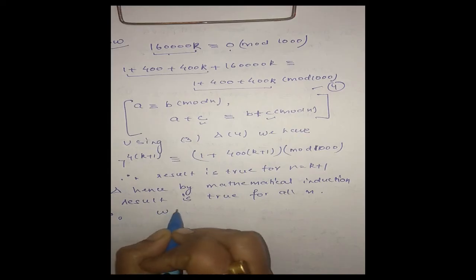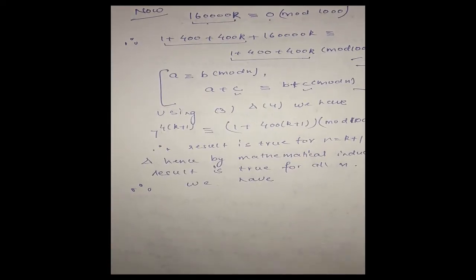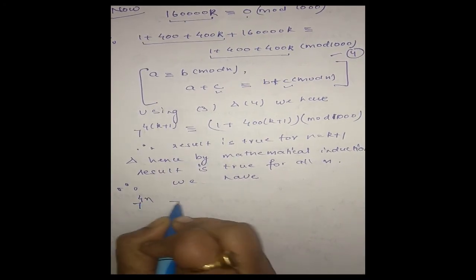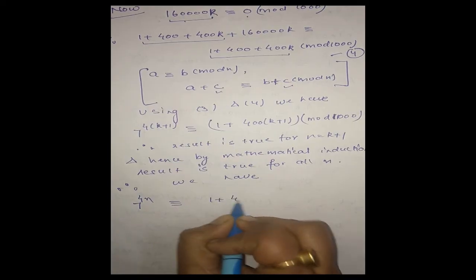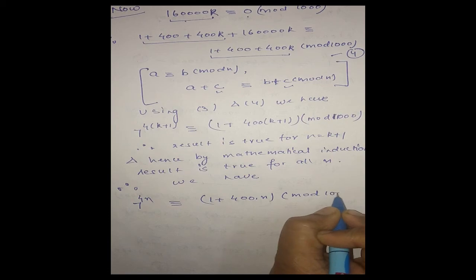Therefore we have 7 power 4n is congruent to 1 plus 400n modulo 1000.